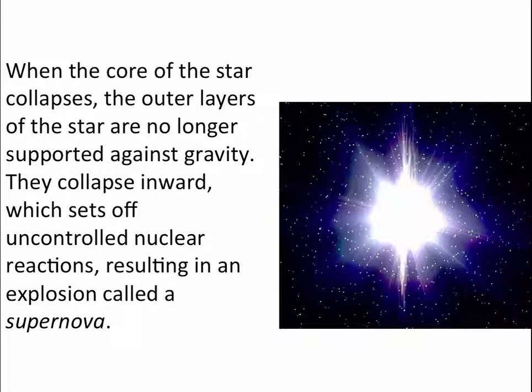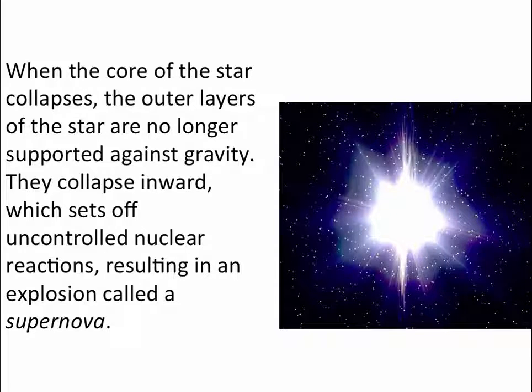In our next unit, we will talk more about supernovae and more about the results of this supernova explosion. But for now, the thing to remember is that the massive stars can do nuclear fusion up until we get to iron. Once they've made iron in their core, the star can no longer make energy by nuclear fusion.